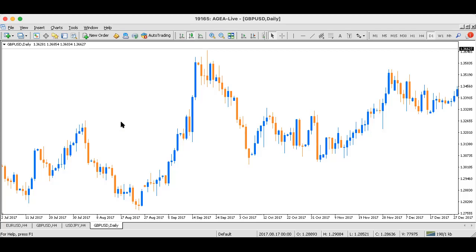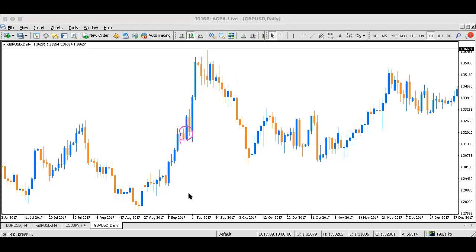Let's start identifying them. This is one. You see, this is a sandwich because of this engulfing pattern.